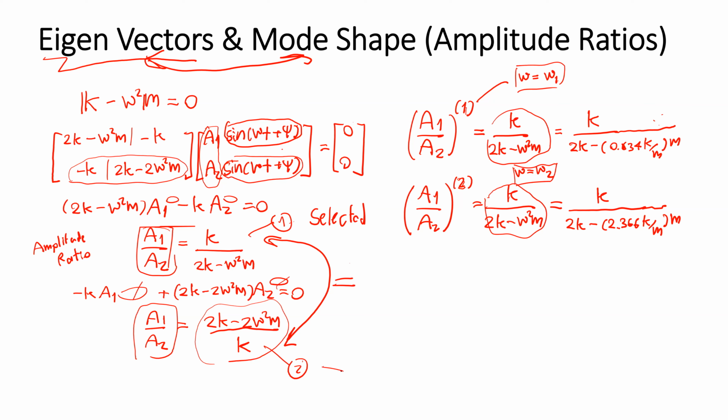Select this or select this, just only one. But you should put the omega that you obtained from the previous step. And the omega is the natural frequency in the first mode and in the second mode.